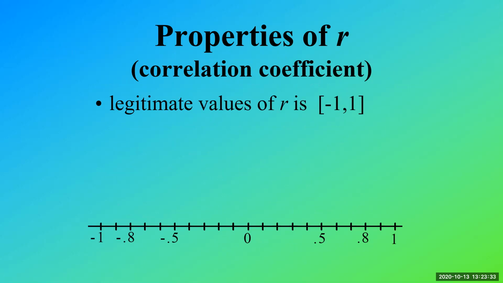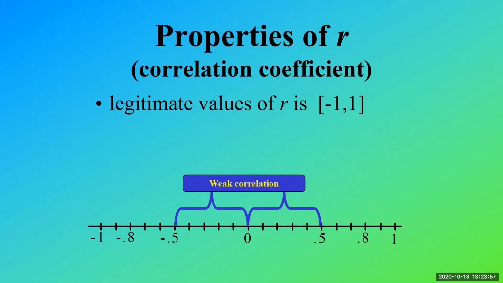You cannot have an R value above 1 or below -1. That would be like having more than 100% of the points on the line. If an R value is 0, that means there is absolutely no correlation whatsoever. Again, it's very hard to get an exact correlation of 0. Most of the time it will be a number close to 0, not exact.